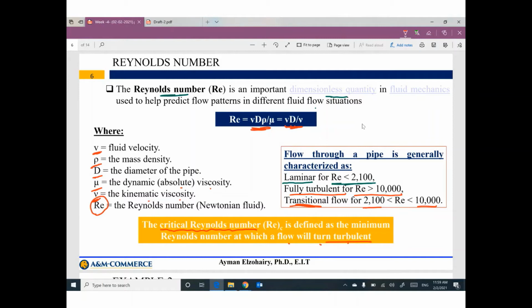So guys, this term is the velocity, this term is the diameter, this term is the density, this term is the absolute viscosity. Or equally, this term is the velocity, this term is the diameter, this term is the kinematic viscosity.